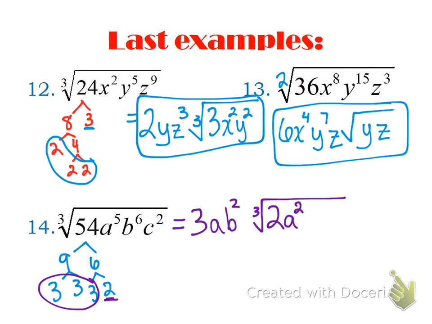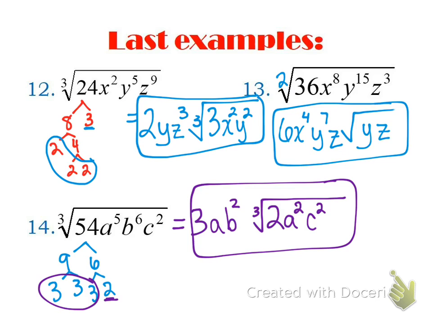None. Okay, so a B squared outside. For C squared, how many groups of 3? None. So no C can come out. They both have to stay inside. So build your answer one piece at a time. If you need to write it out and circle your groups, do that.